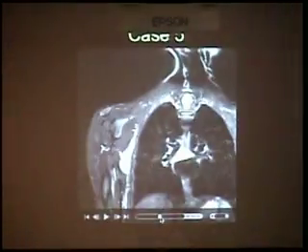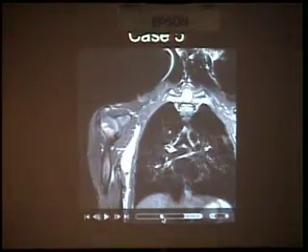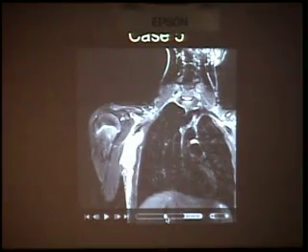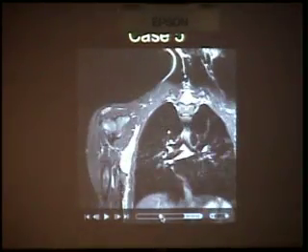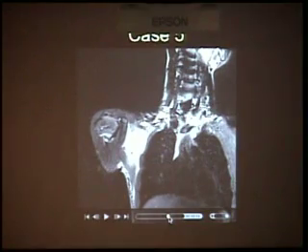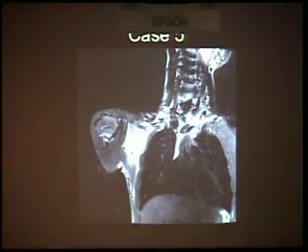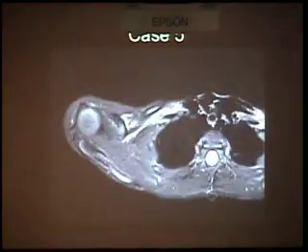This is a young patient who had a soft tissue sarcoma. So they got a brachial plexus image because he was having symptoms down his arm, and you can see in the axilla there's a lot of T2 hyperintense, but also kind of heterogeneous masses in the axilla and tracking up the brachial plexus.